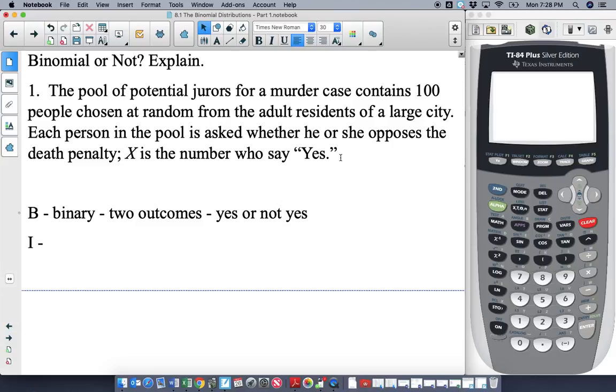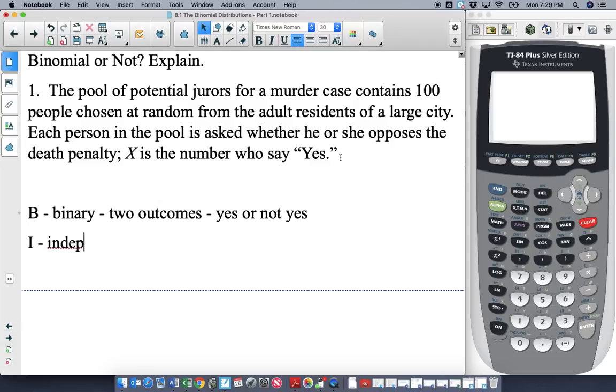I for independence. So whether one person says yes or not yes should not affect the next person. Knowing whether the first person says yes or not yes should have no impact on the second person. If this is truly a large city and we're taking 100 people at random, then the responses should be independent. Obviously, if you ask people all from the same family, then their responses may not be independent. But if this is truly a random sample from a large city, then we can consider the responses independent.